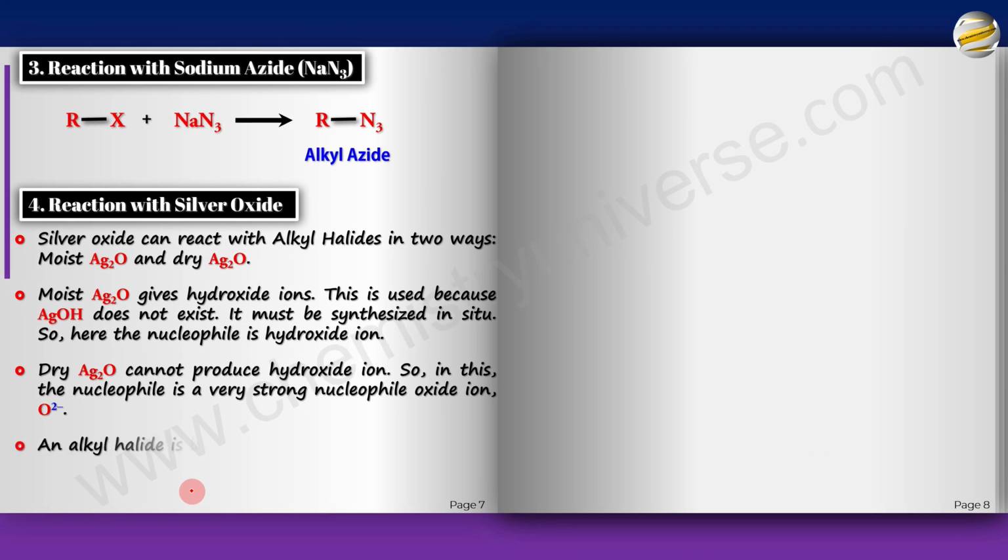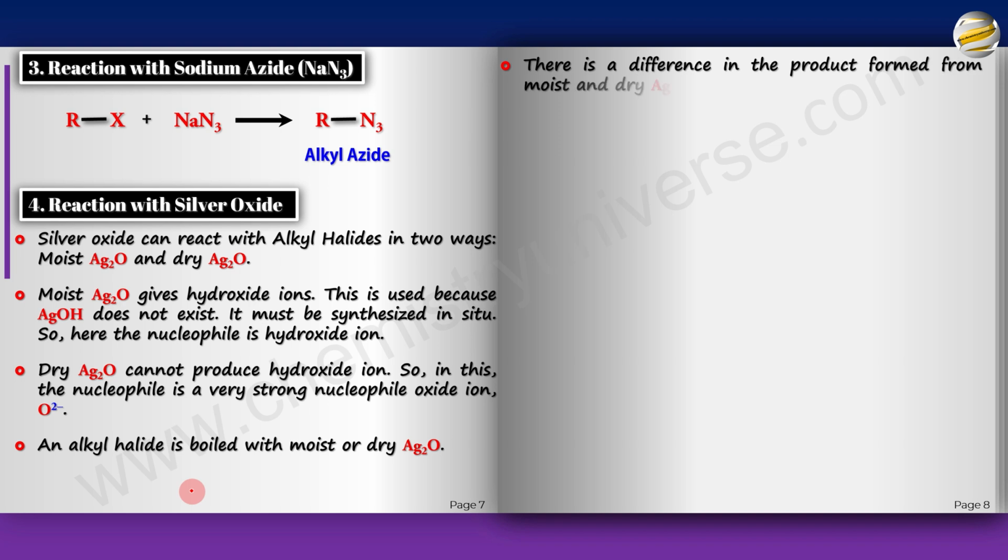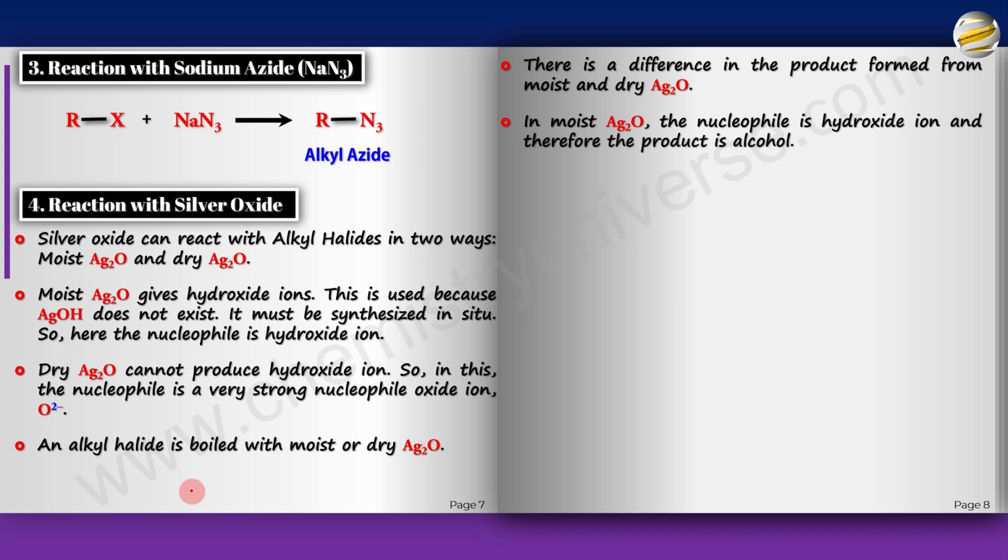So an alkyl halide is boiled with moist or dry Ag2O depending on what you want. But there's a difference in the product formed from moist and dry. The moist one is going to simply give you OH minus ions, as I said, AgOH, and that will form an alcohol. It is just like reacting with aqueous KOH or aqueous NaOH.